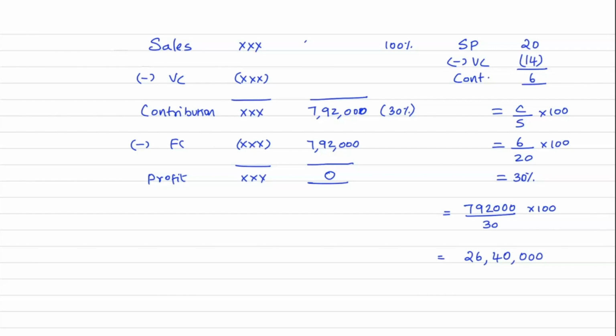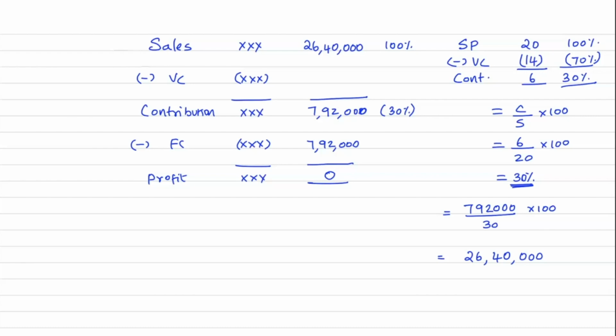So here we can write 26,40,000 is the sales. And this also communicates something else. That is, this contribution is 30%. Sales is 100%. So automatically, what is the variable cost?